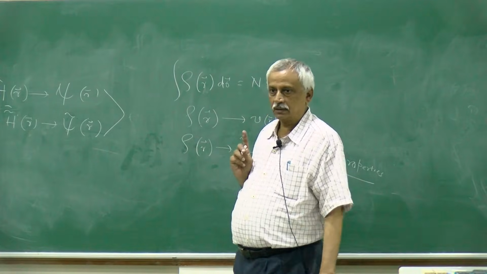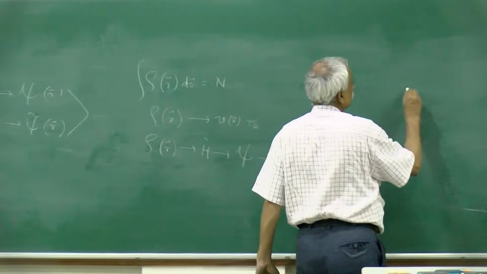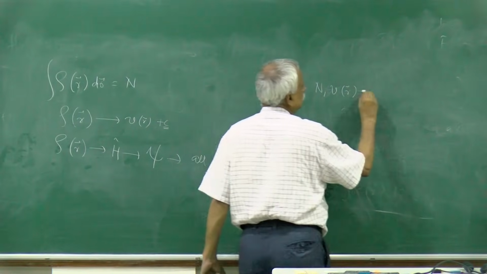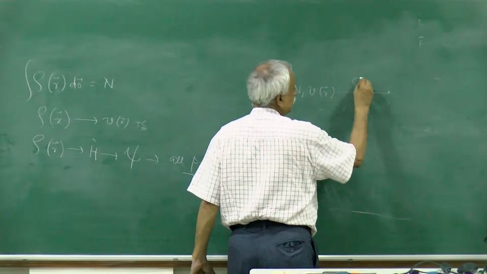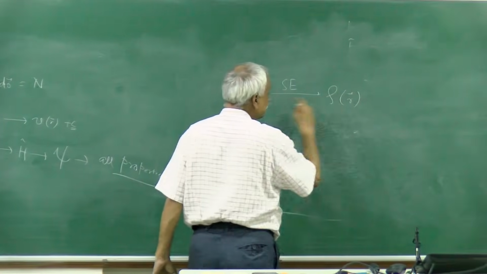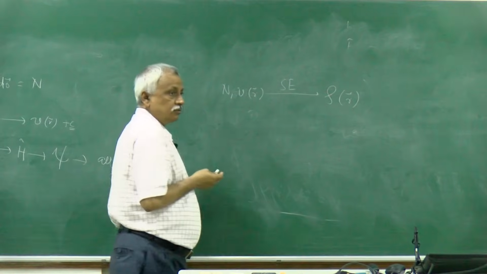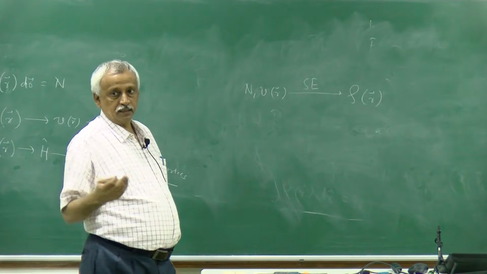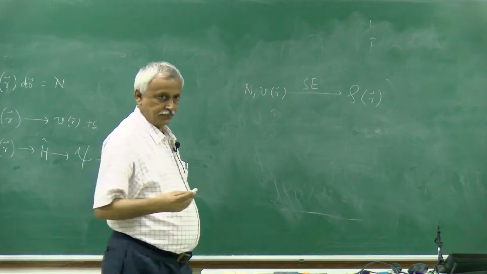So in DFT, as I told you, N and V(r) together give the Hamiltonian, and from the Hamiltonian, if you solve the Schrodinger equation, you get the wave function, and the wave function gives you the density. That means this is a map. The Schrodinger equation is the map which, from the number of electrons and the external potential, generates the density.